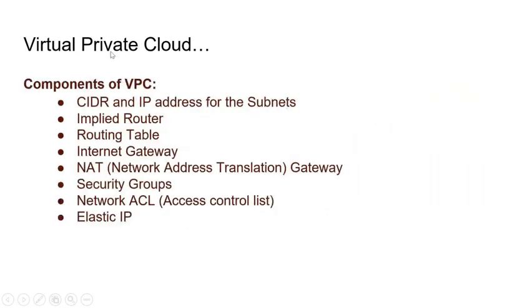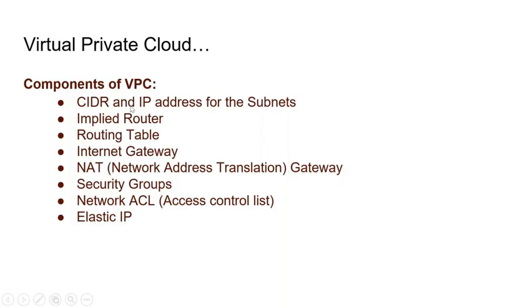A virtual private cloud contains these components. Whenever you are creating a VPC, you should understand these are the components that go inside a VPC. Till now we have created EC2 instances. With an EC2 instance, it comes with a volume by default, it comes with CPU, it comes with RAM. In a VPC we have different components.